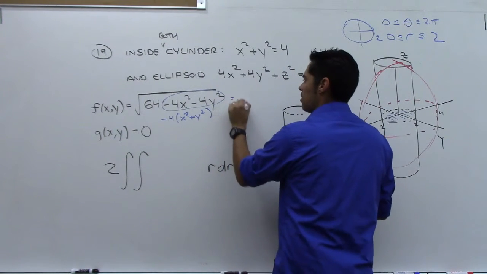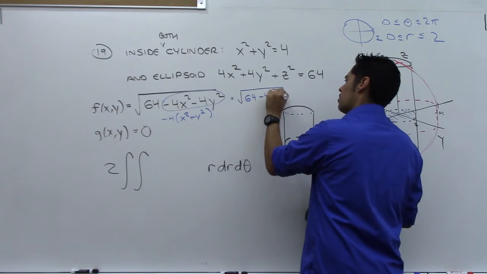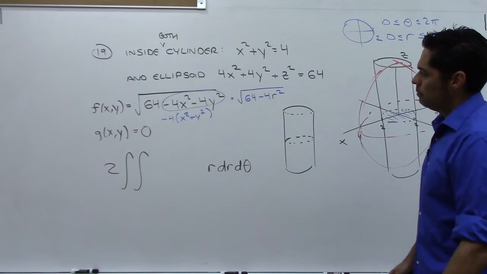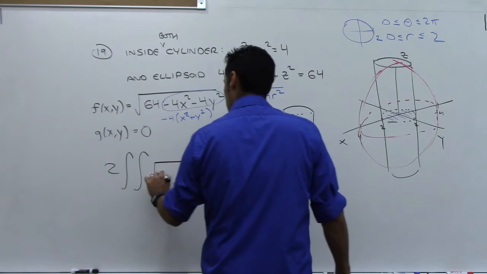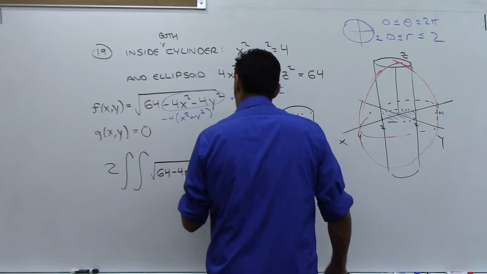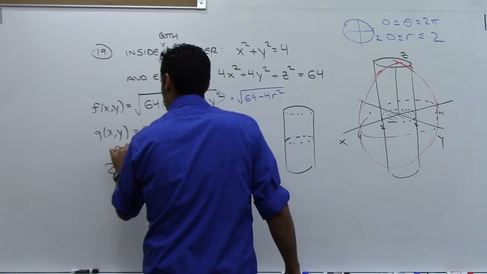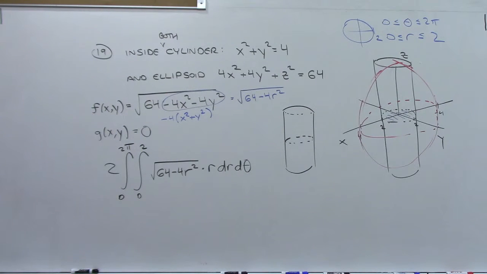So this is really the square root of 64 minus 4r squared. Okay, so I'm going to put that right here: square root of 64 minus 4r squared times r d theta. And my limits of integration are 0 to 2 pi, 0 to 2. I think I'll let you take that the rest of the way.